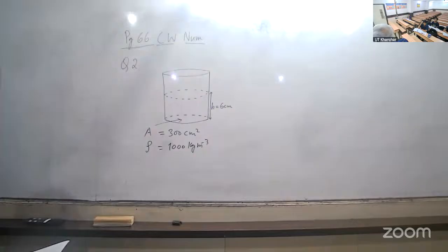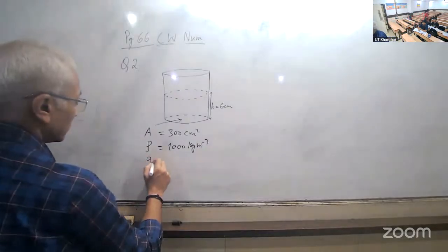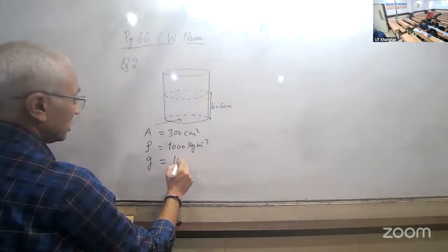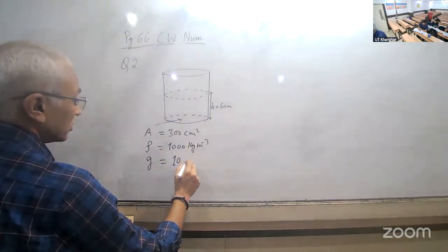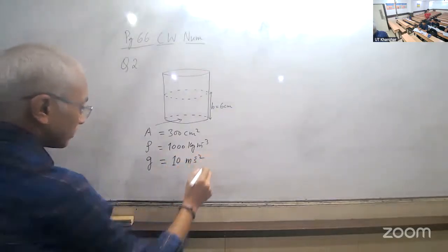Area of the base is this. So you have to find the pressure. Calculate pressure, and g is given as 10 meter per second square.